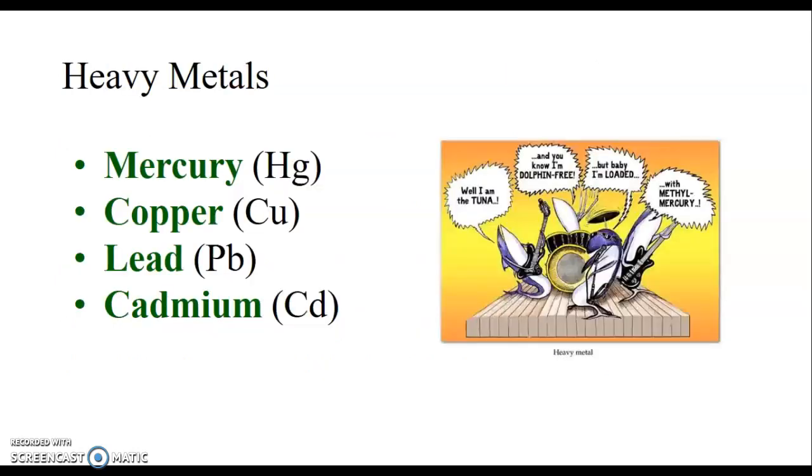Heavy metals. The good thing about this is a lot of these heavy metals are banned from use already. One of the big stories that you probably have heard is the lead crisis in Flint, Michigan. Now, obviously, lead was used many years ago to make pipes. And lead is quite a sturdy and robust material, and it doesn't degrade over time.